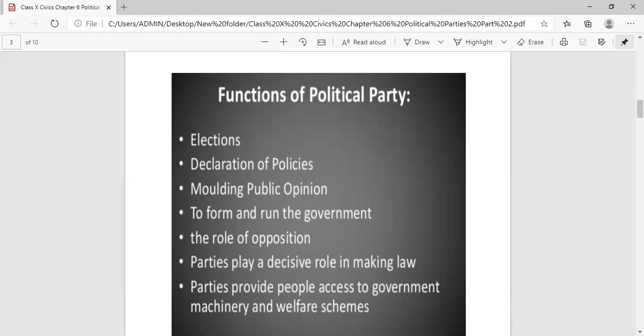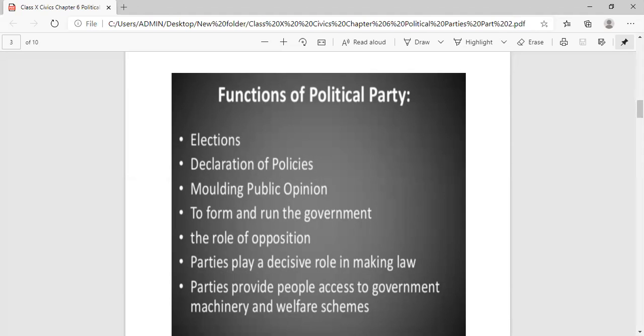The candidates are selected by the top party leaders. It means the party will decide who should be the candidate of the party. Parties contest elections at the state level, municipality level, panchayat level, village level, and so on.